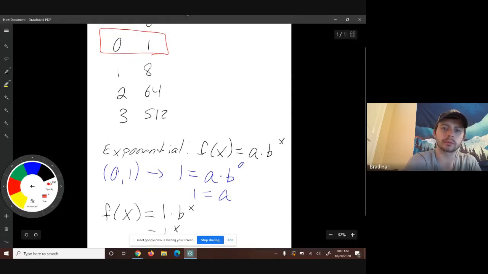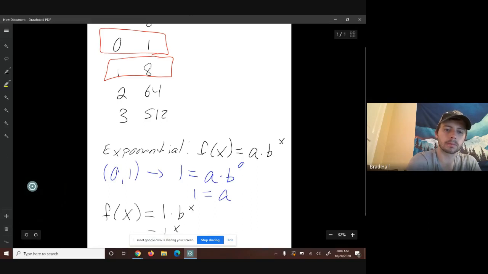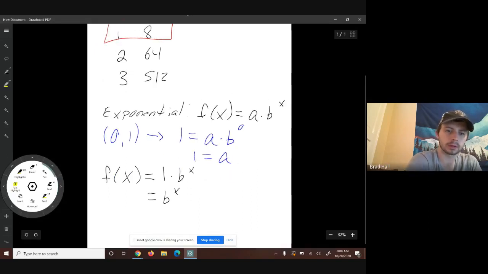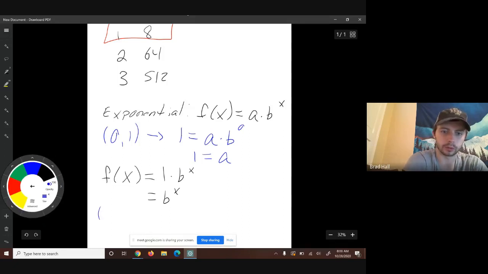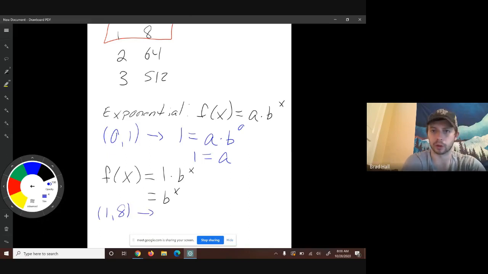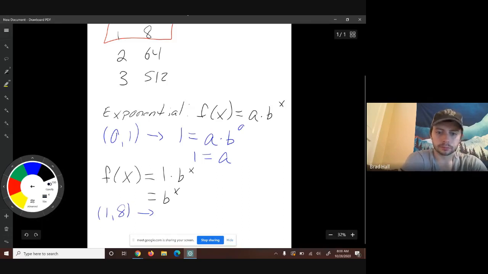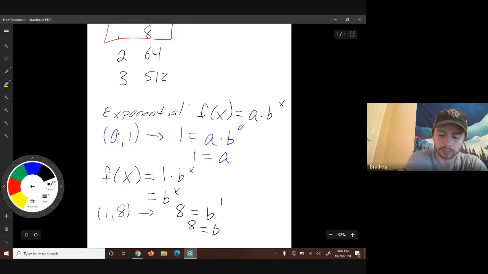I'll just pick this next point, the (1, 8), and do that in blue as well. So 1 comma 8 tells us that 1 is x, 8 is y. And so that tells us that 8 is equal to b raised to the first power. Or in other words, 8 is equal to b.